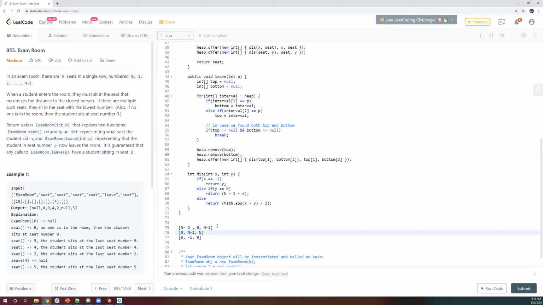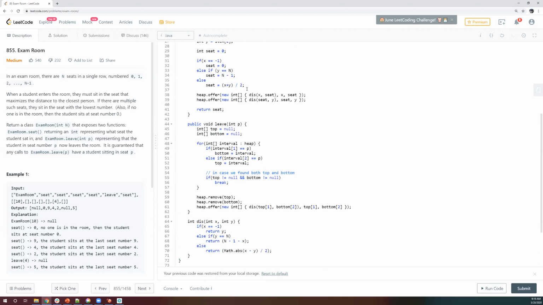So next time this guy will get picked up between 0 to n minus 1. From this time onwards, we'll start taking the mid. Right.